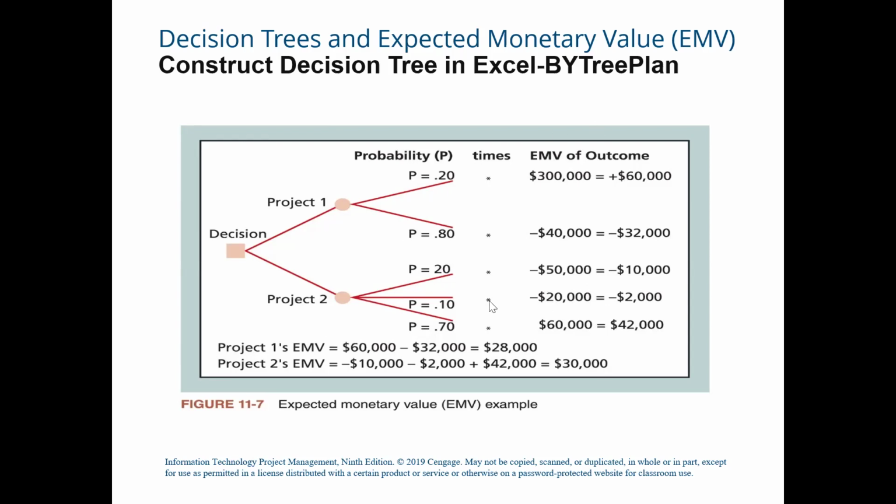With these calculations, we then calculate the EMV for project number 1. We take the sum of all these dollar values, and the final value you can see here for project number 1 after all these calculations is $28,000, and for project number 2 it is $30,000.